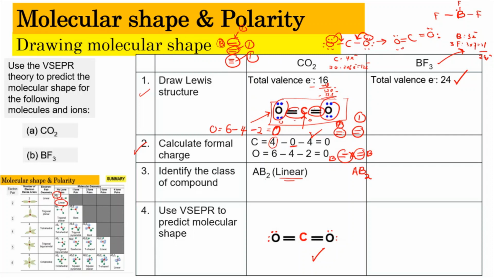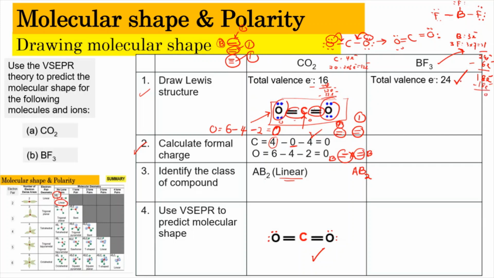We have used up 2, 4, 6, so minus 6 electrons leaves 18 electrons. These 18 electrons will be used to make the structure octet: 6, 12, 18. All the electrons have been used up.